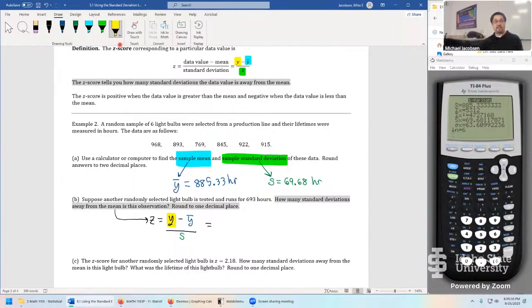Has anyone spotted the value for y in this problem? Yeah, good call. The data value, again, sometimes that's the confusing bit here. What is the data value? It's the thing where the question is relative to. We want to know how many standard deviations away from the mean is this observation, referring to 693 again. So that's the part of the question we're going after. So that's the data value.